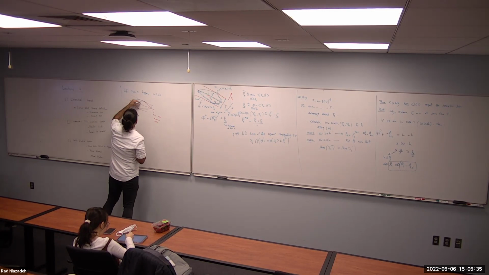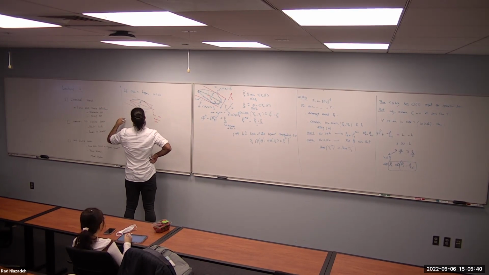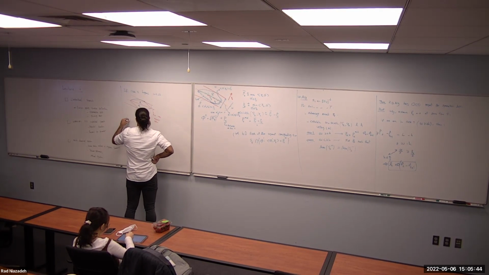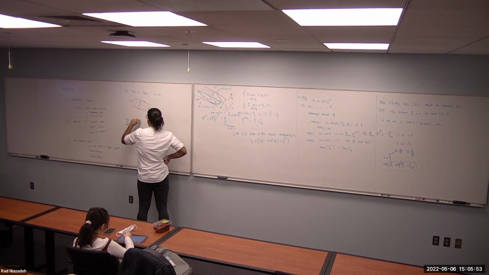So this is area 1, this is area 2. Then I can say the area of the potato is greater or equal than A1 plus A2.